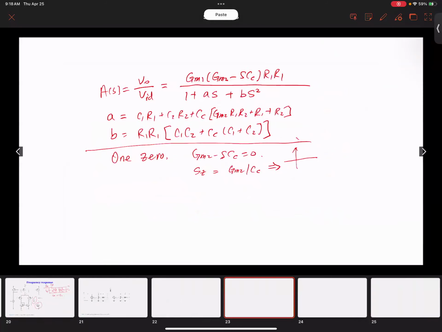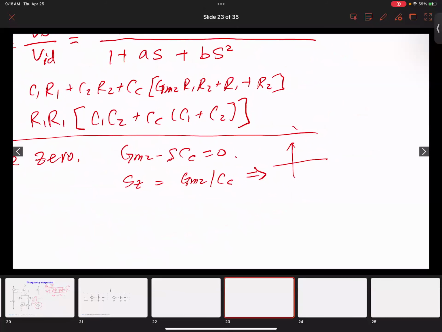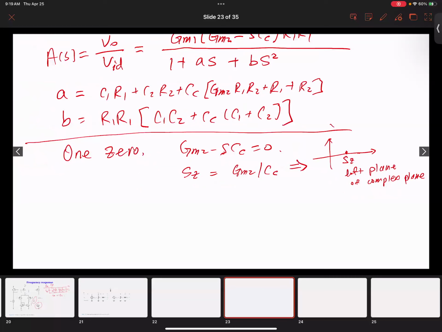In the complex plane, where is that zero located? Well, we know that it is located on the real axis, which is here. So this SZ is in the right half plane of the complex plane, and this contributes what we call a 90-degree phase shift for the overall circuit.